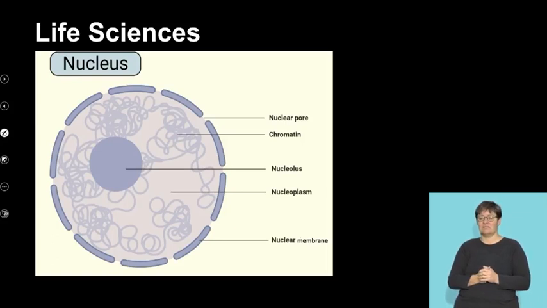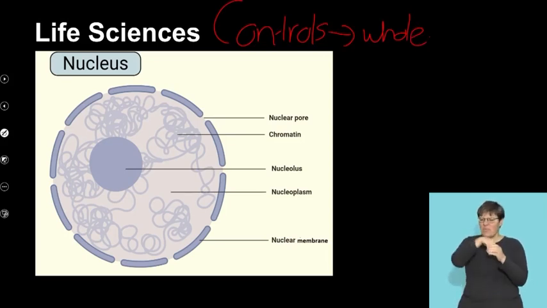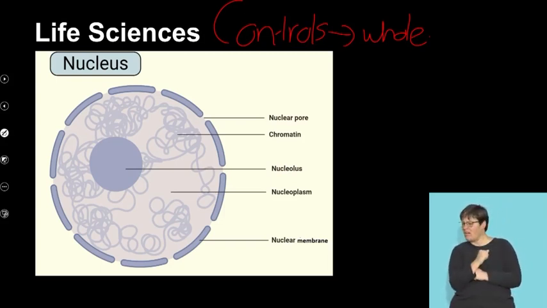You could say it's the government. Guys, this controls the whole cell. Everything that happens in the cell, everything that the cell does is going to be controlled by this organelle called the nucleus.